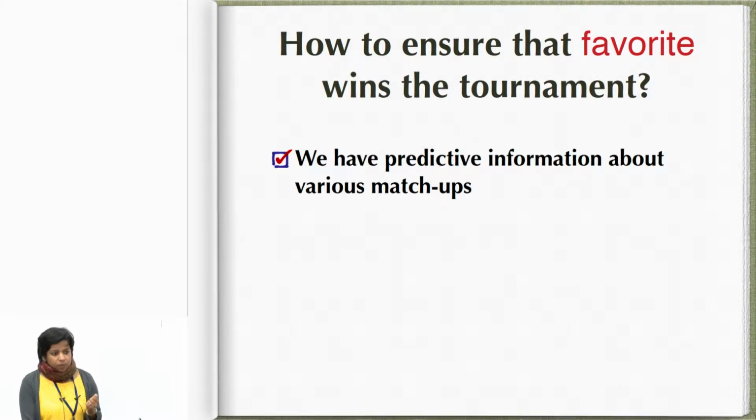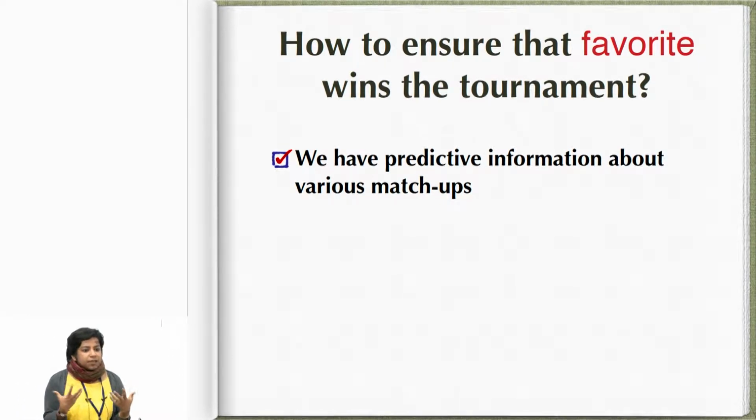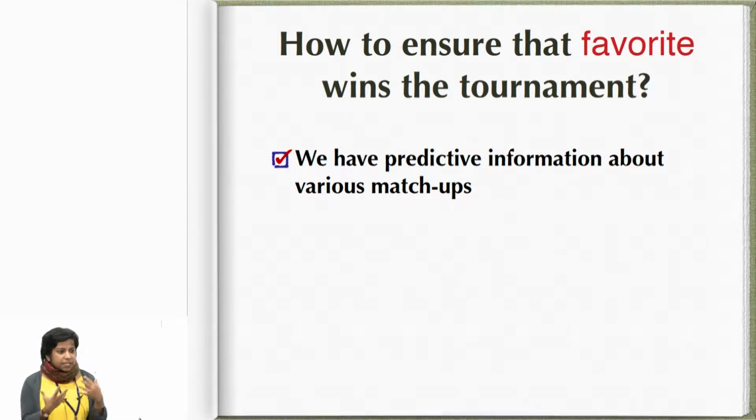So how can I even say that my team can possibly win the tournament or not if I don't have some background information? Background information would be, who are the other teams that they are playing? What is the win-loss record of my team versus theirs? And it's not enough to have the win-loss information of my favorite team versus the other teams.